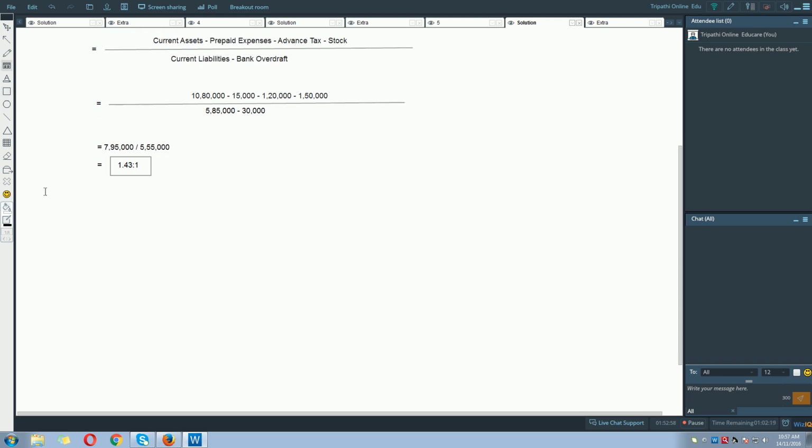So current asset is 10,80,000, which we got from the current ratio, minus prepaid expense, which is 15,000, minus advance tax, which is 1,20,000, minus stock 1,50,000.